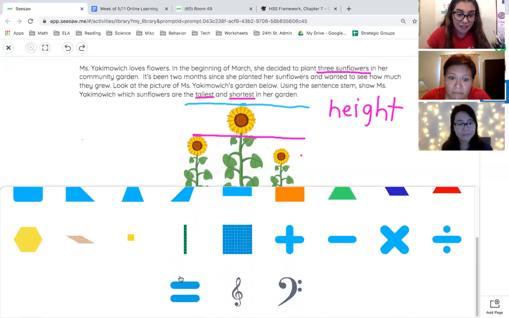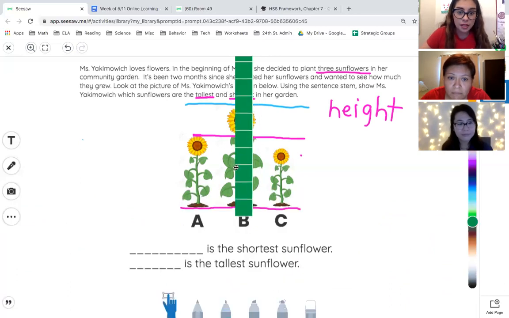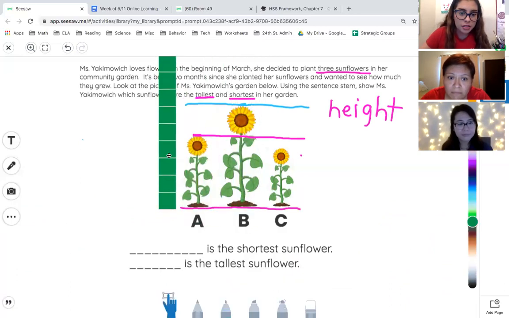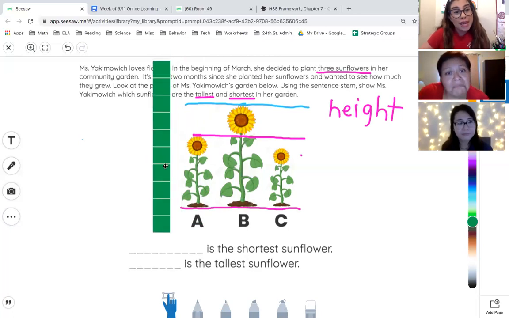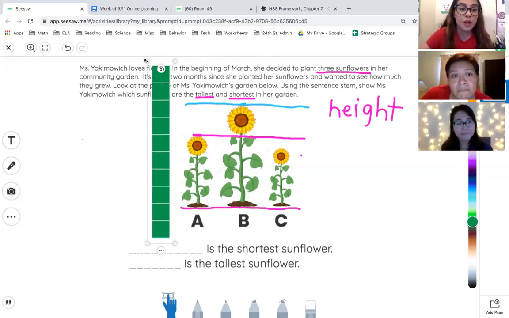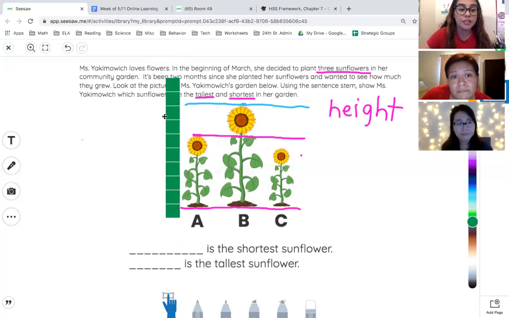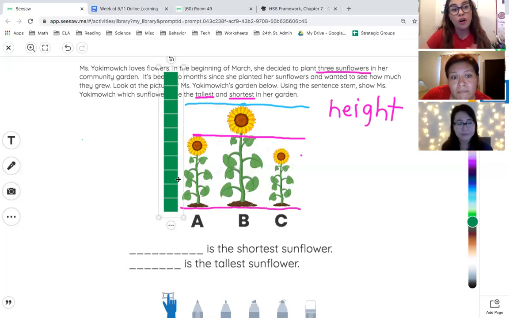If you can see, they have a 10 rod. And I'm going to use that to help us. I'm going to make it a little bit smaller, should I make it smaller, teachers? So you could make it smaller to help it fit in this space, but you need to make sure that you keep it the same height when you're measuring all of your objects, because otherwise it'll give you a different answer, right?